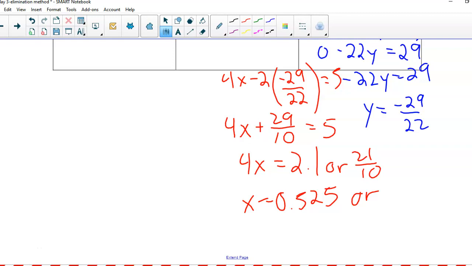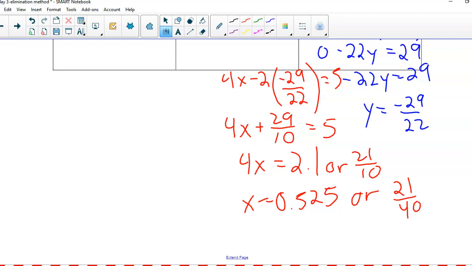Type in your calculator. What did you say? 21 over 40. That sounds accurate. I don't know off the top of my head. Wait, is it negative? No. Okay, no, it is 21 over 40. Yeah. Okay.